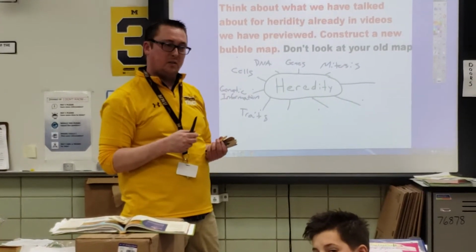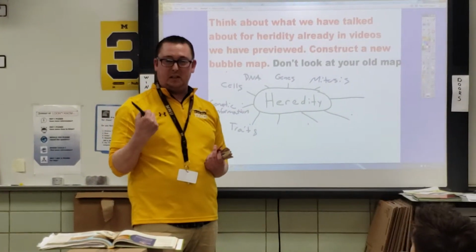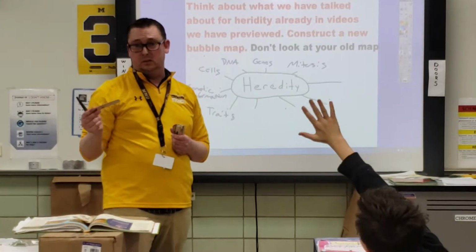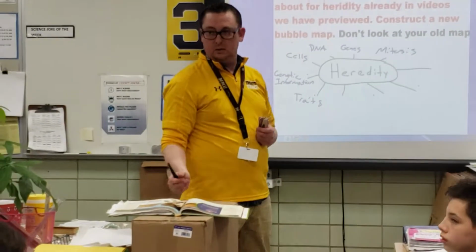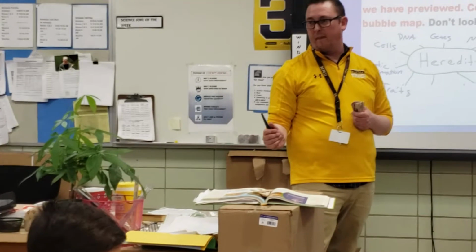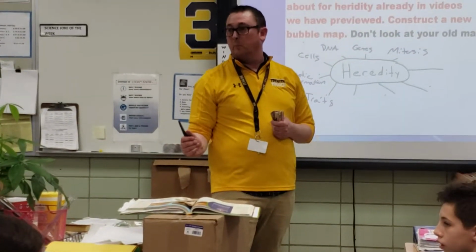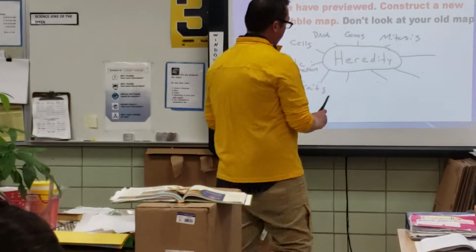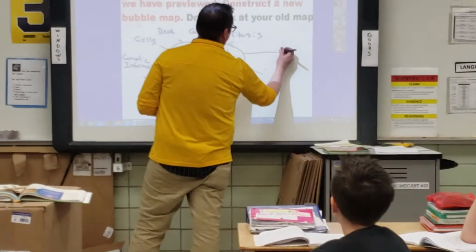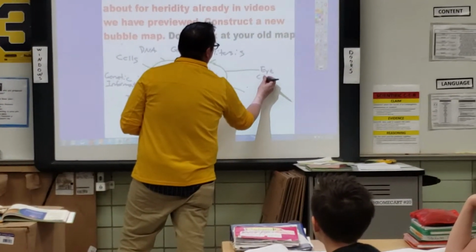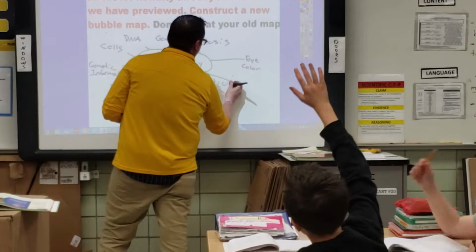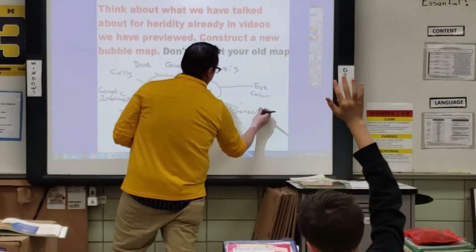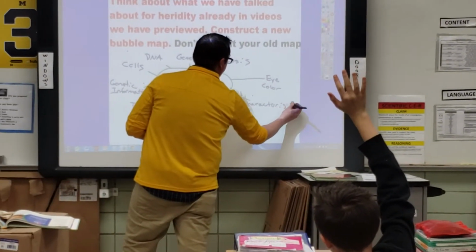Characteristics. Characteristics, okay. That wasn't the word I was thinking of, but that word works too. That's a good one. Joe? Eye color, okay.